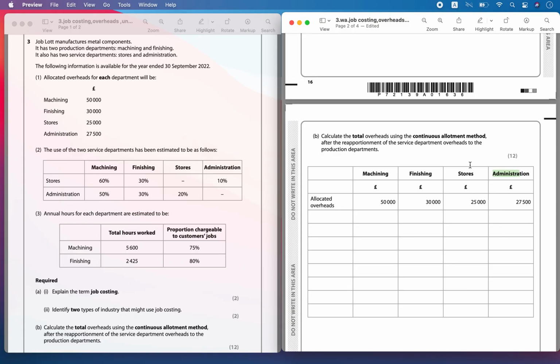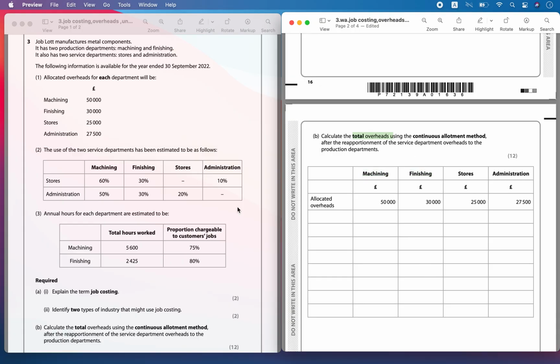The overhead I will take, it also has overheads, so these overheads will be small. I will take and reapportion it to the machining and finishing departments, which are the major departments, and thereby I will calculate my hourly overhead cost for preparing a product, and that I will use for my job costing.